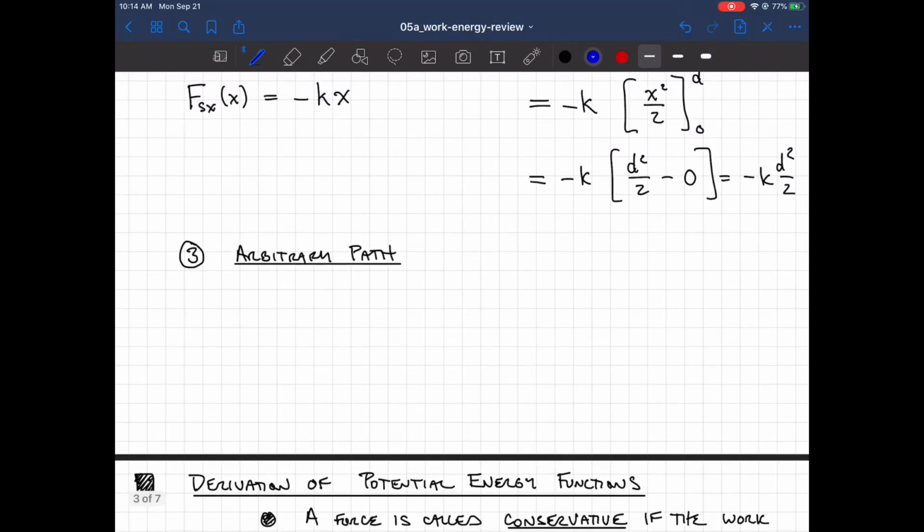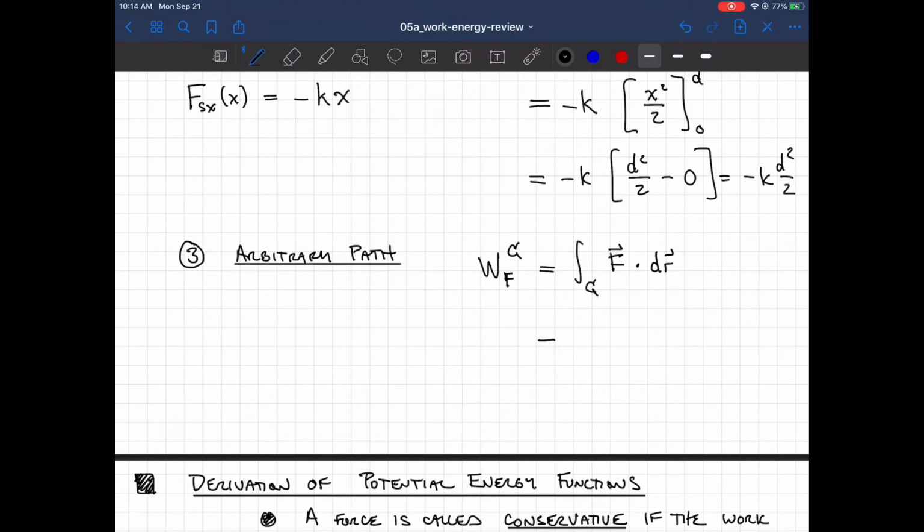Okay, now finally we have an arbitrary path. I'm just going to write down the equation for work in the most general sense. The work done by a force over an arbitrary path C is equal to, as I wrote down on the first page, the force dotted with this infinitesimal displacement vector.